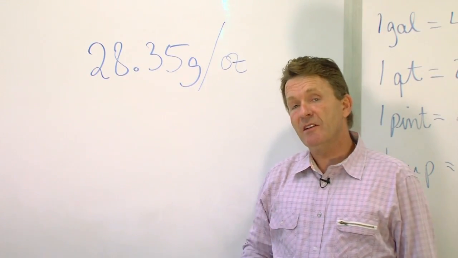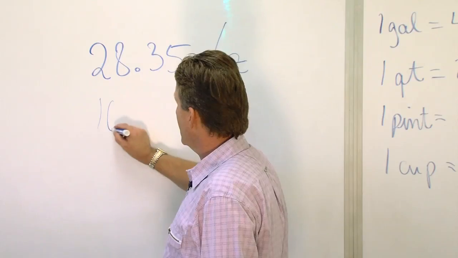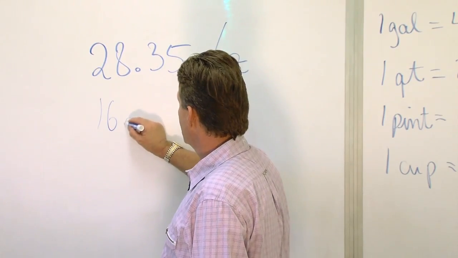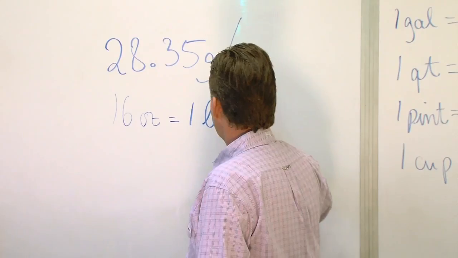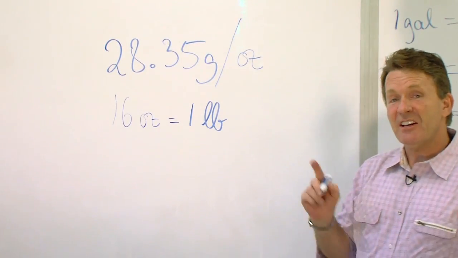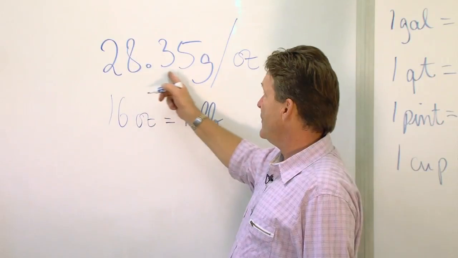Now, we just learned that there is 16 ounces in a pound. 16 ounces equals 1 pound. But we also know that each ounce is 28.35 grams.